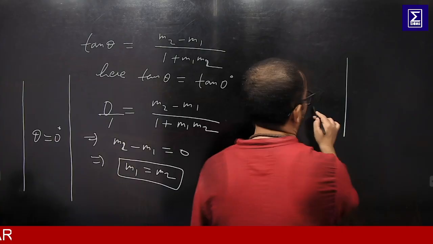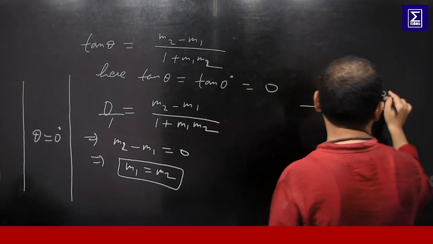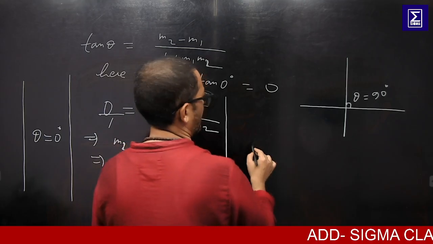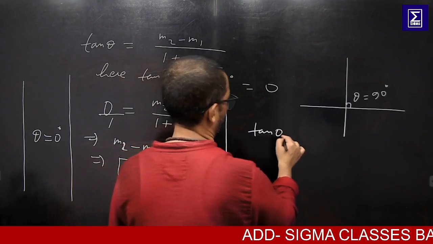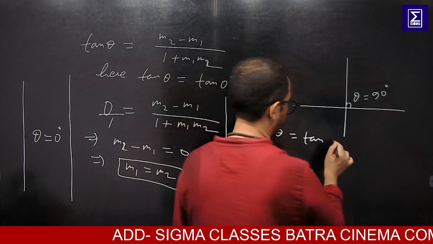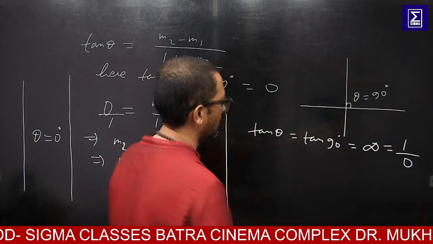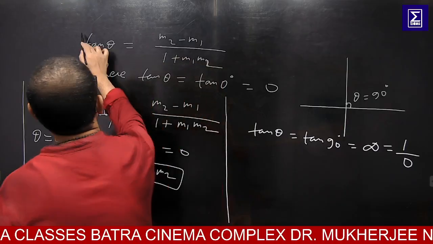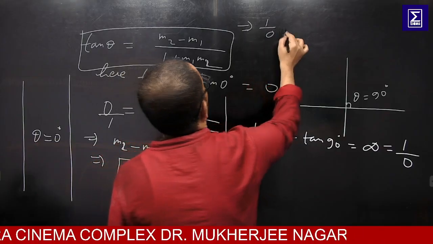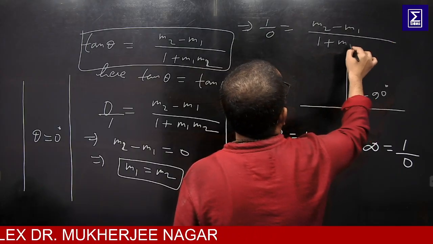When the lines are perpendicular, they make an angle of 90 degrees. So theta is equal to 90 degrees. Applying this, tan theta is equal to tan 90 degrees, and that is nothing but infinity. It can be written as 1 upon 0 also. So in this formula, 1 over 0 is equal to m2 minus m1 upon 1 plus m1 m2.